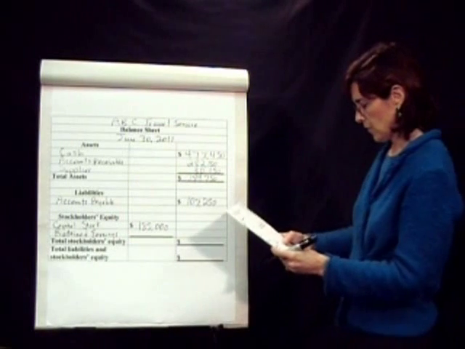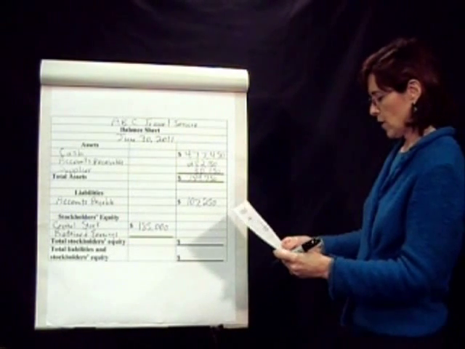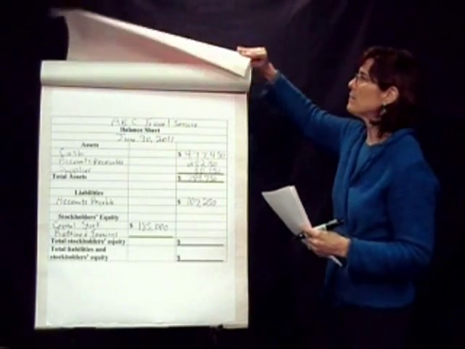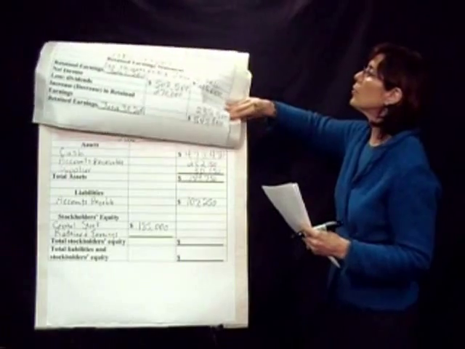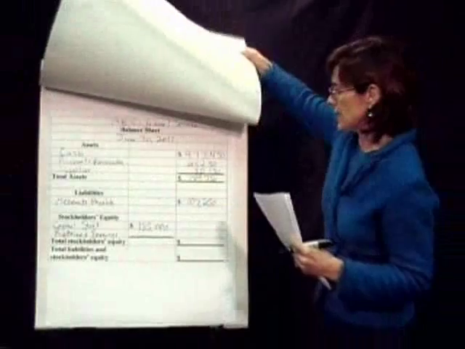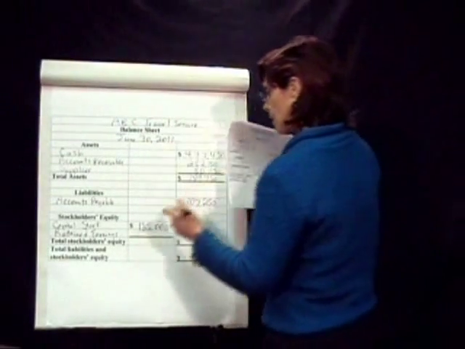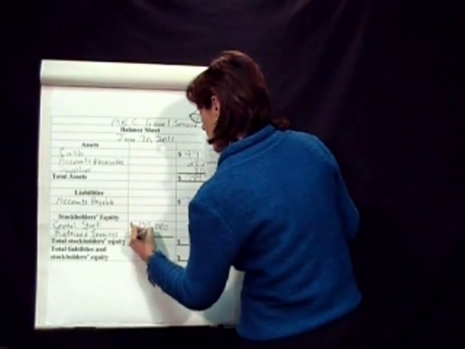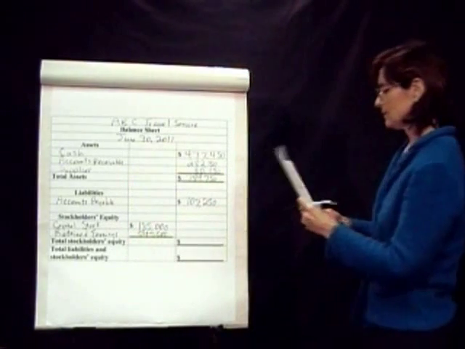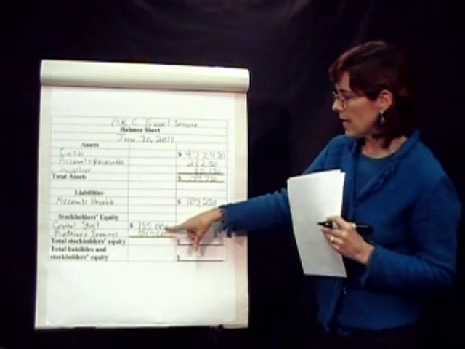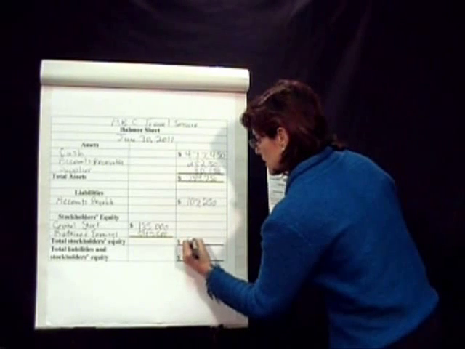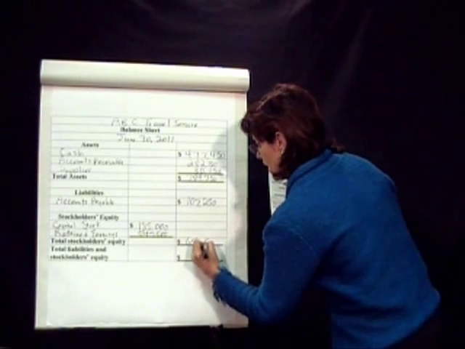Where are we going to get that number for retained earnings from? We have to go back and get that from our statement of retained earnings, which is $547,500. Okay, if we add these two together now, we'll get our total stockholders' equity, which should be $682,500.